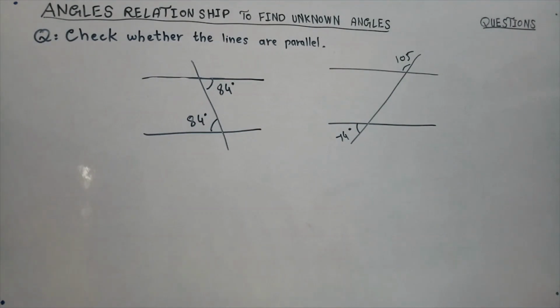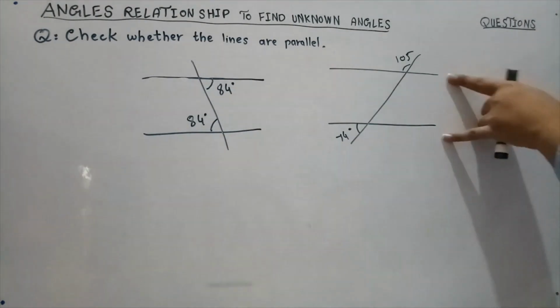Here we will apply the same theorems. We will apply the alternating angle theorem, the corresponding angles theorem, and if needed we will apply co-interior angles. All these theorems are only applicable if we have parallel lines. I have told you just before that these theorems are applicable if we have parallel lines.